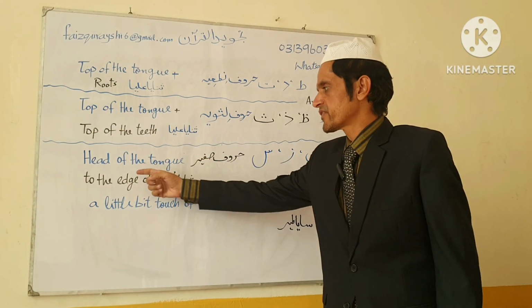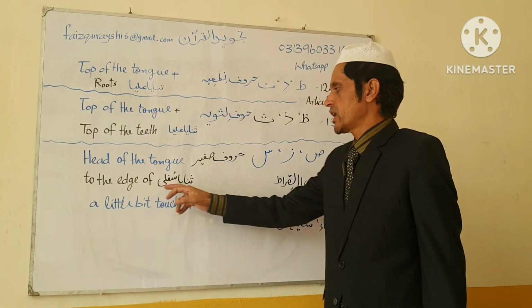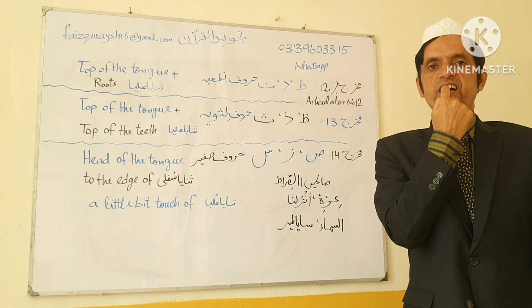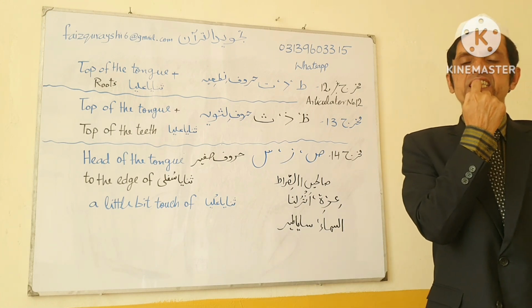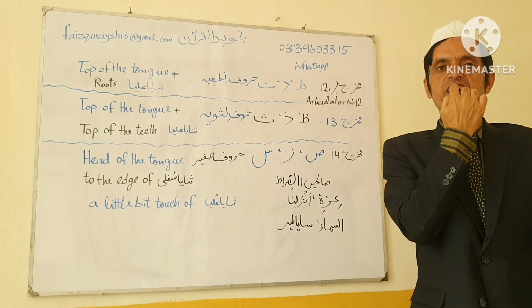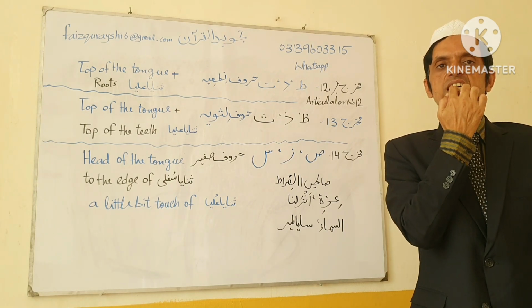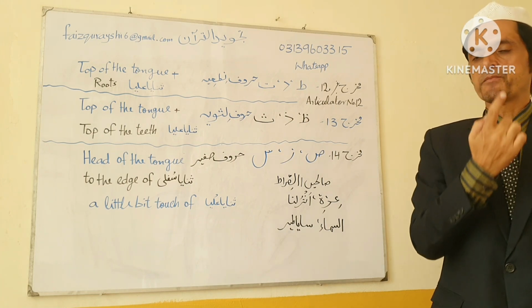When the head of the tongue touches the edge of thanaya sufla. These two front teeth of every human being are called thanaya ulya. And in the down jaw, the two teeth opposite them are called thanaya sufla.